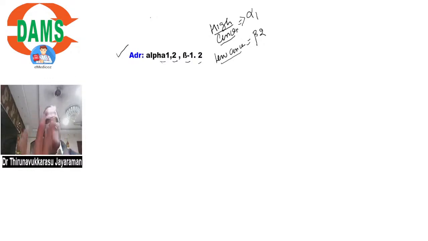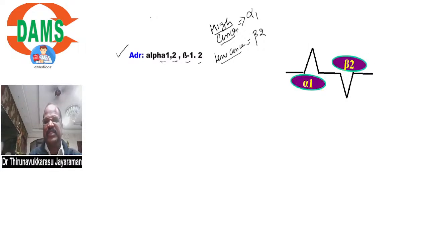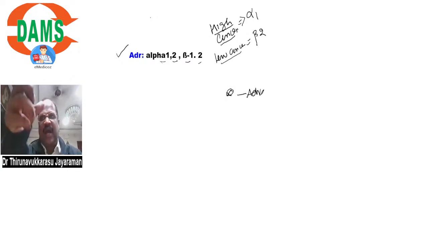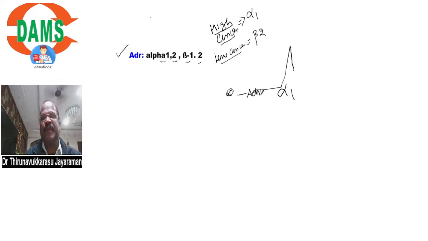With this first point, if I inject adrenaline, once I inject, initially the high dose, at high level, it is acting on alpha 1, causing vasoconstriction, thereby an increase in BP. As time passes, the drug level decreases.